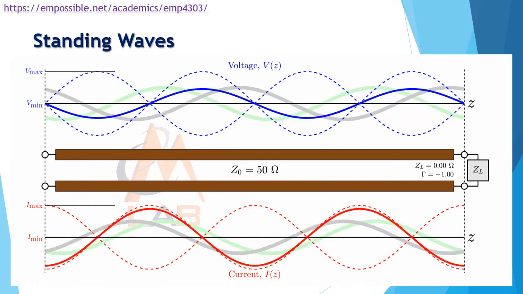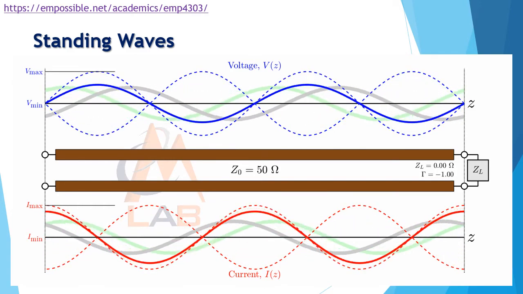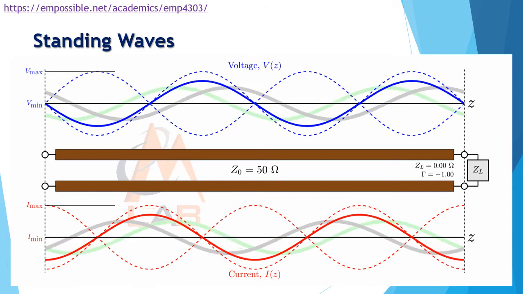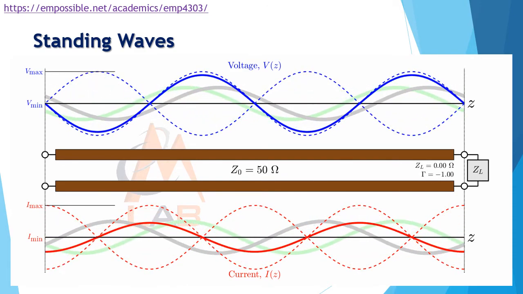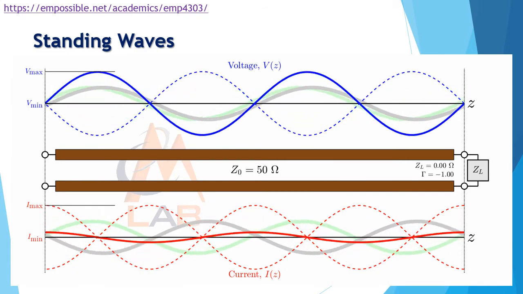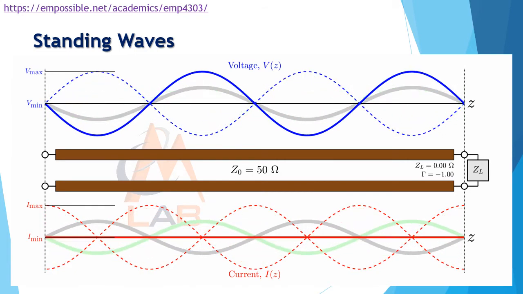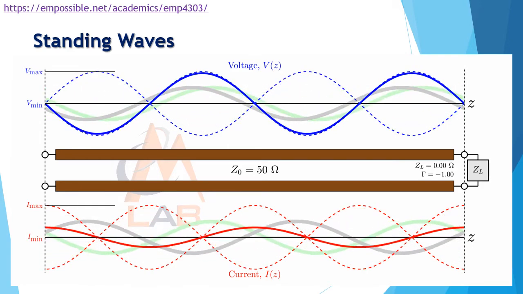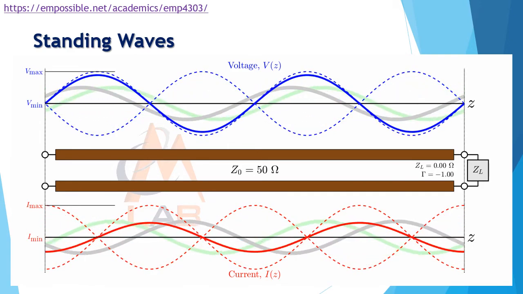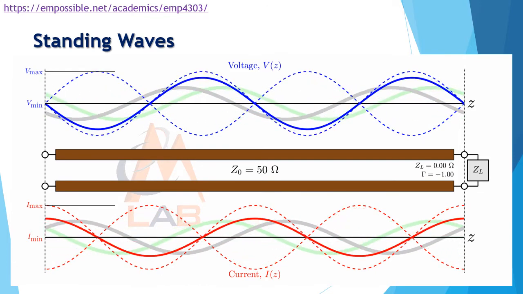The points at which the absolute maximum for voltage occurs are when the current is at absolute minimum. And the points at which the voltage is at absolute minimum are the points at which the current is at absolute maximum.